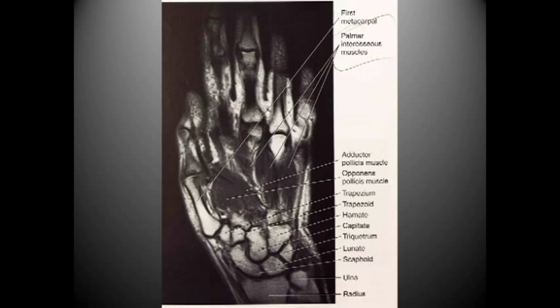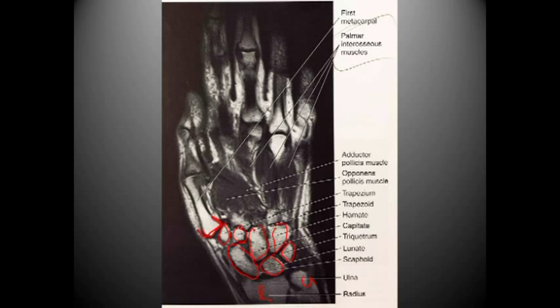We have the scaphoid, the lunate, triquetrum, we have the hamate, capitate, trapezoid, and the trapezium. Additionally, we have the base of the first metacarpal. We have the radius and the ulna.